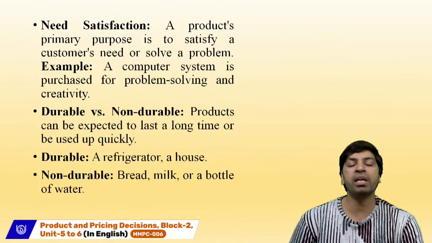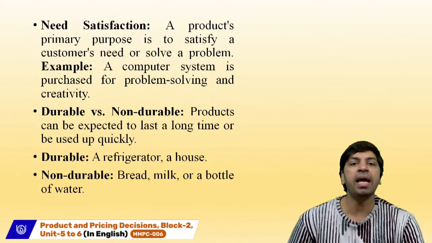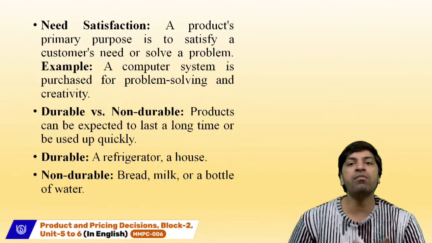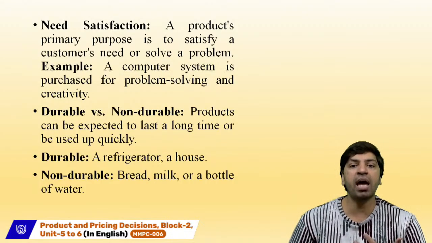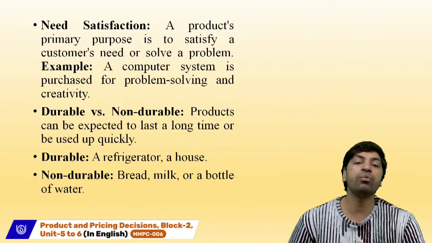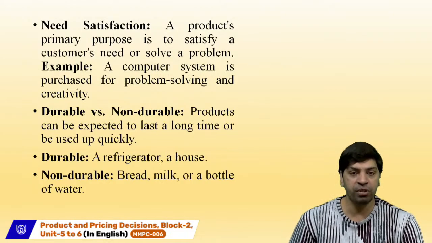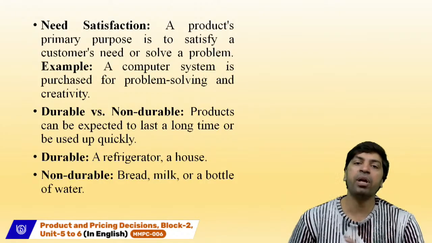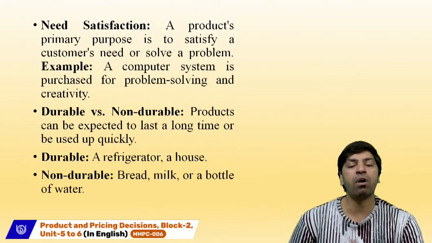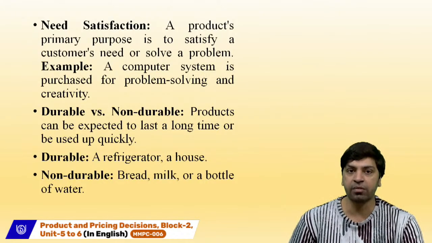Non-durable products cannot be expected to last for a long period of time and are used up quickly. That becomes a non-durable product, such as bread, butter, milk, a bottle of water, etc.